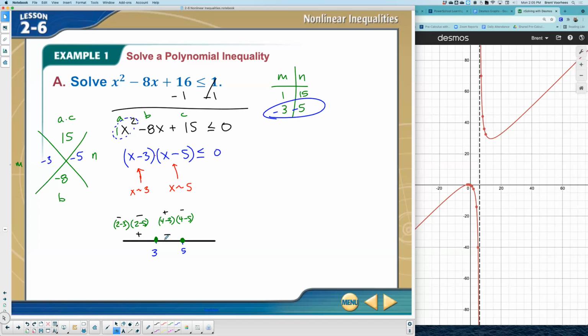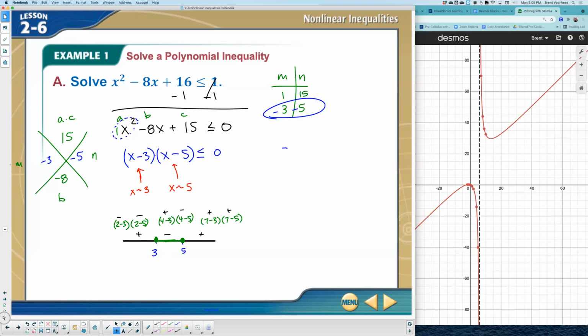That's going to be part of the solution in here. And let's test the last one. What's a number bigger than 5? I hear 7. 7's fine. What about 7 minus 3 and 7 minus 5? What can you tell me about those? Positive and positive. What's this going to be? Positive. That's not a part of our solution.